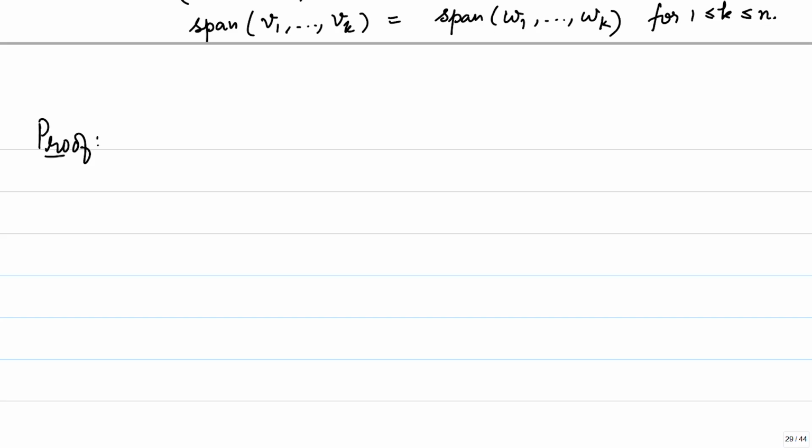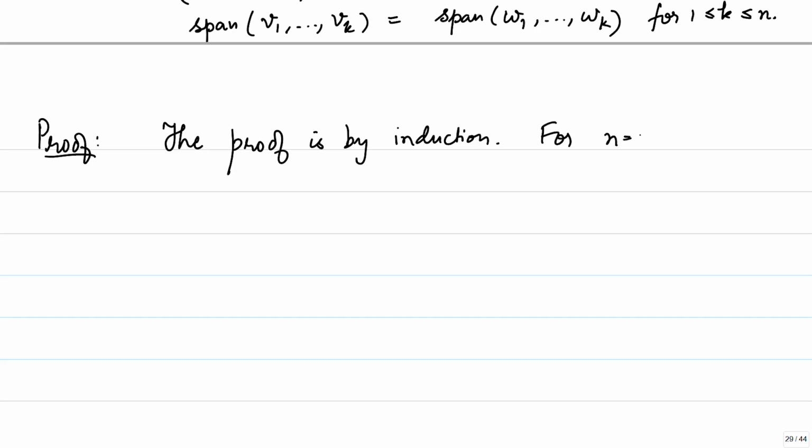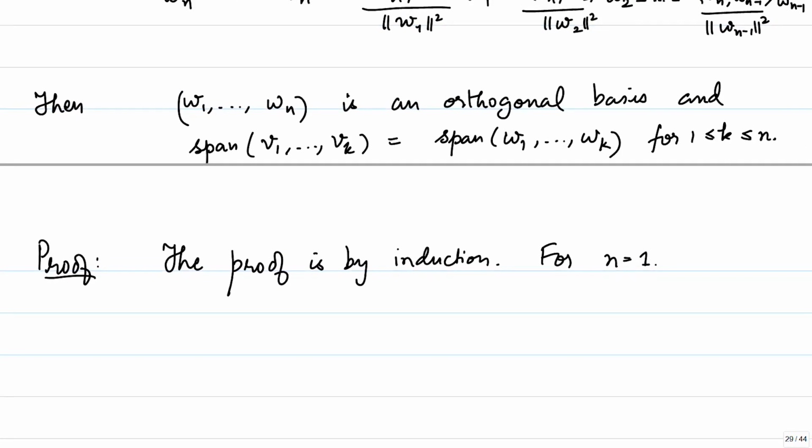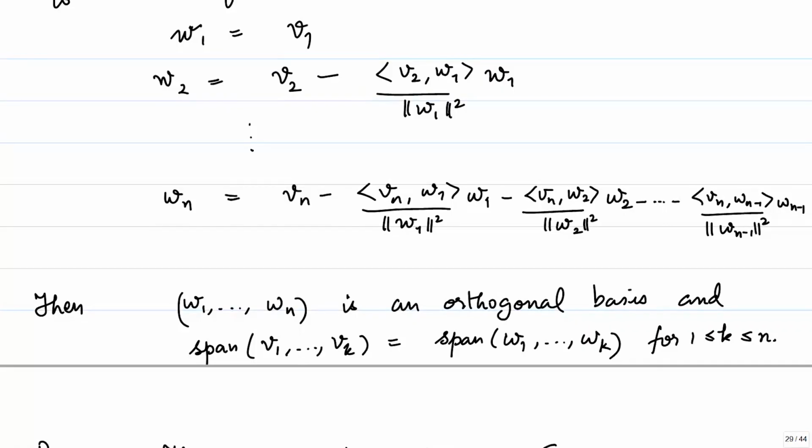We have, as noted, almost done all the hard work. The proof is by induction here, and the base case is quite straightforward. For n is equal to 1, W1 is equal to V1, and there isn't much to be done, as can be noted.